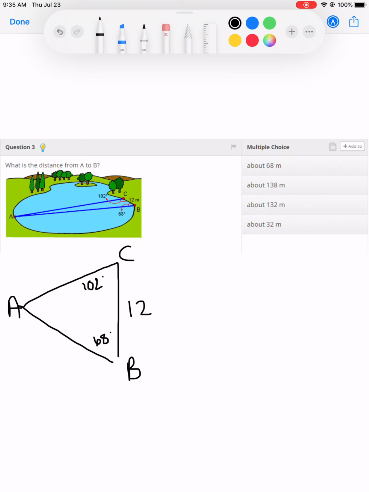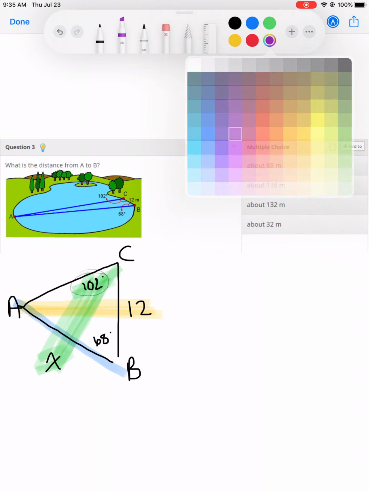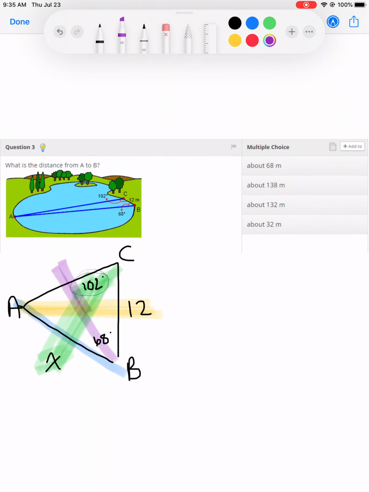What is the distance from A to B? So again, A to B, that's my side. I need this side, that means I'm definitely using this angle here, right? So those two are going to be partnered with each other. The other side that I have is 12, but as you can see, its partner's not there. The other angle that I have is 68, and again, its partner's not there.